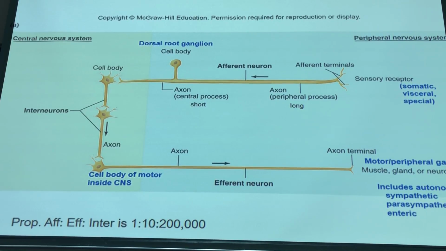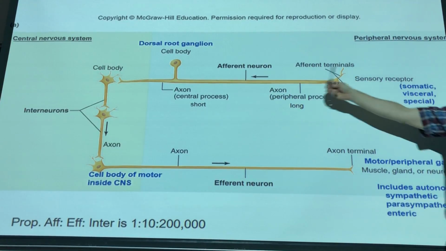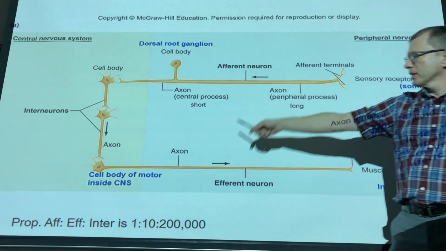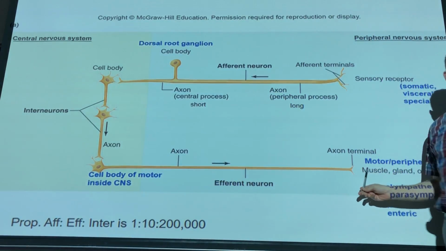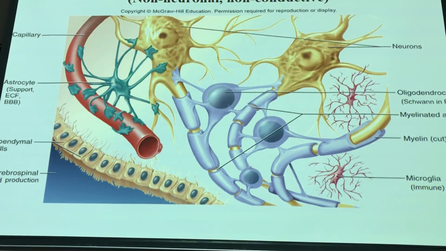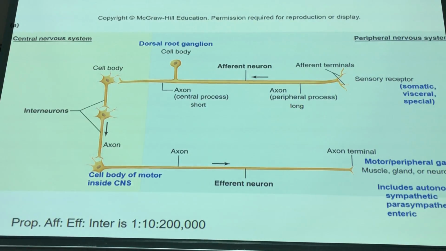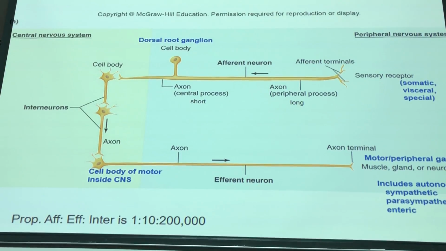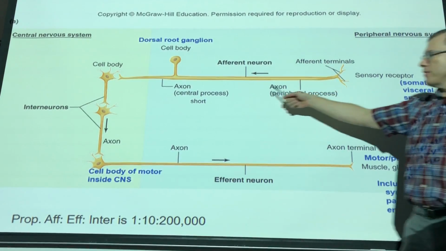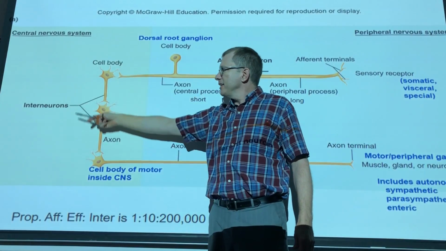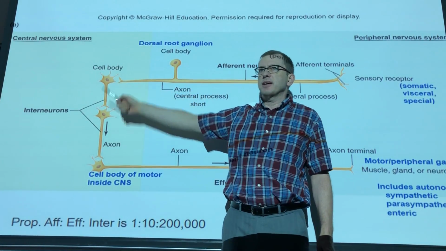So I have this interesting statistic at the bottom that the proportions of these, okay, for every afferent neuron you have about 10 efferents. But for every afferent, you have about 200,000 interneurons in the brain, okay?